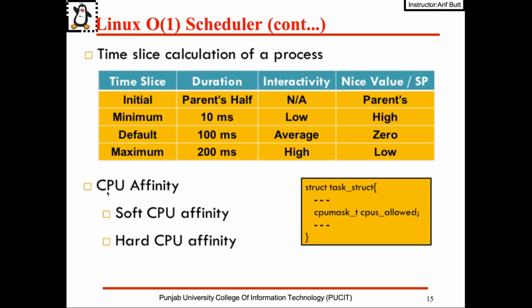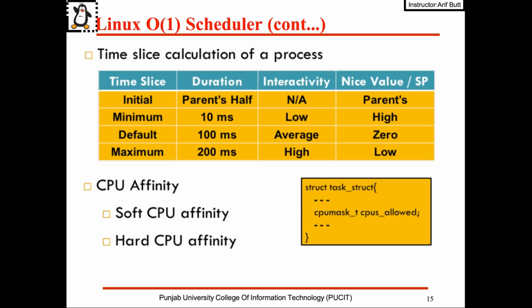Finally, the big O of 1 scheduler also supports CPU affinity. When a process is rescheduled to run on a multiprocessor system, it doesn't necessarily run on the same CPU on which it last executed, because that CPU may already be busy. If a process moves from one CPU to the other, the cache of the first CPU must be invalidated and the cache of the second CPU must be populated with the task data.